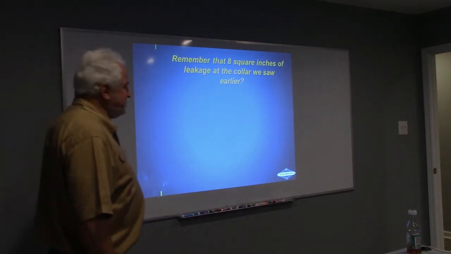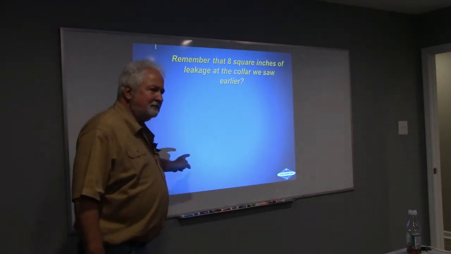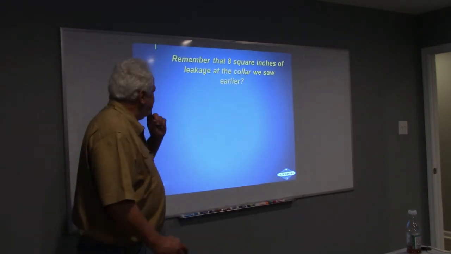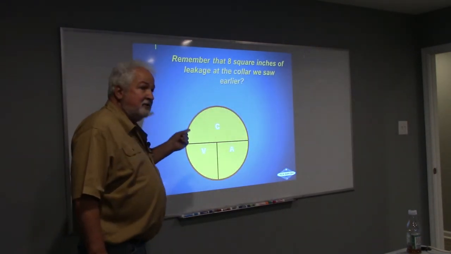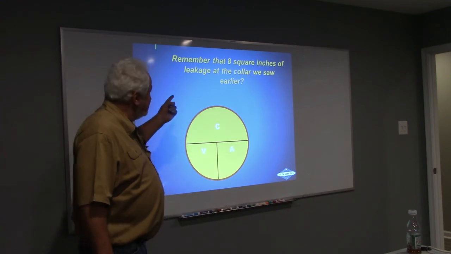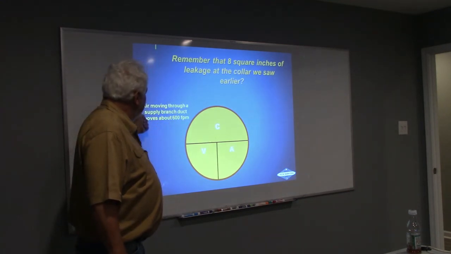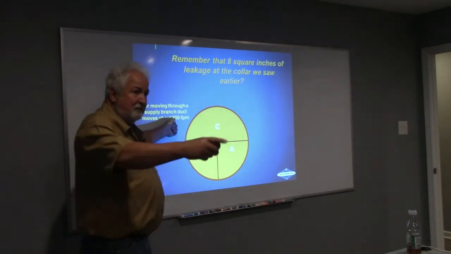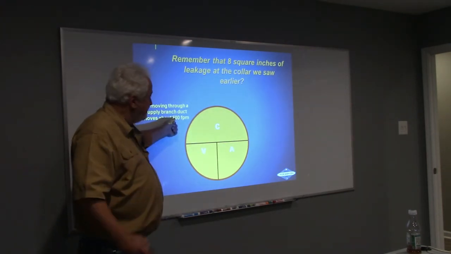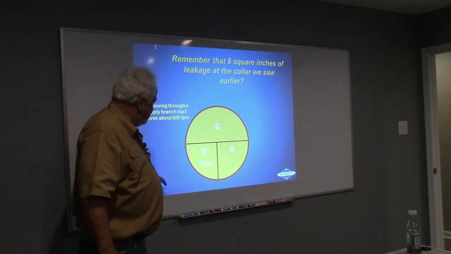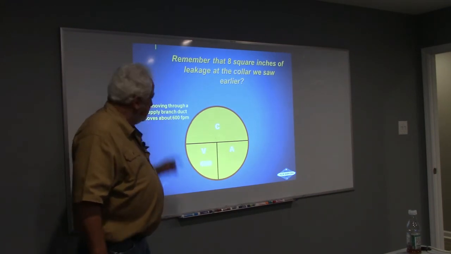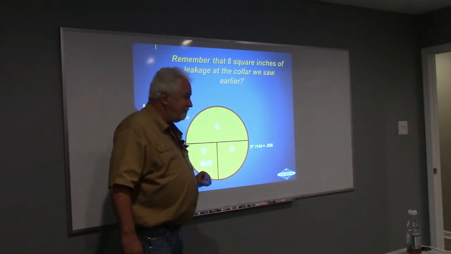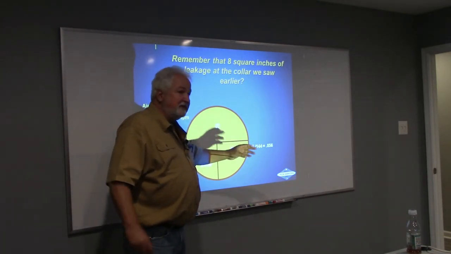Remember that 8 square inches I just talked about on that collar? What is it really doing? Let's see. CVA, I can use that because it's area, 8 square inches. Air moving through a supply branch duct moves about 600 feet per minute. We saw that on the back of the duct calculator, right? Good, so let's do 600 feet per minute. 8 divided by 144 is 0.056 square feet.